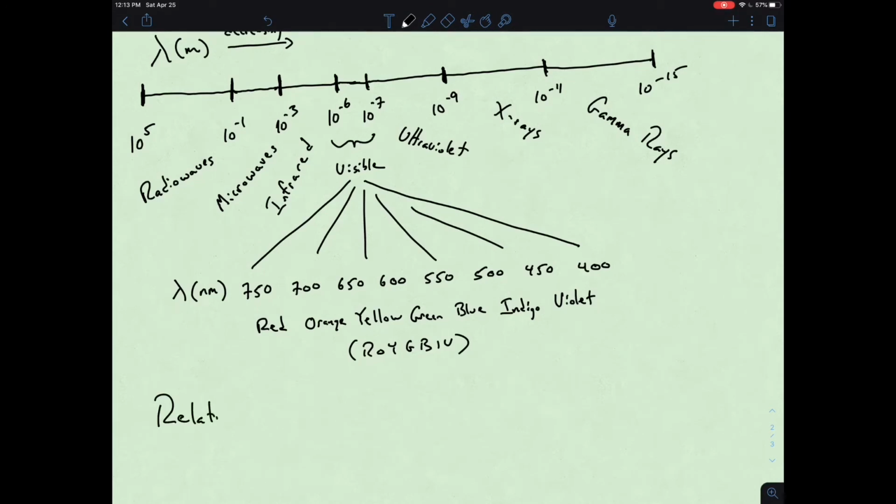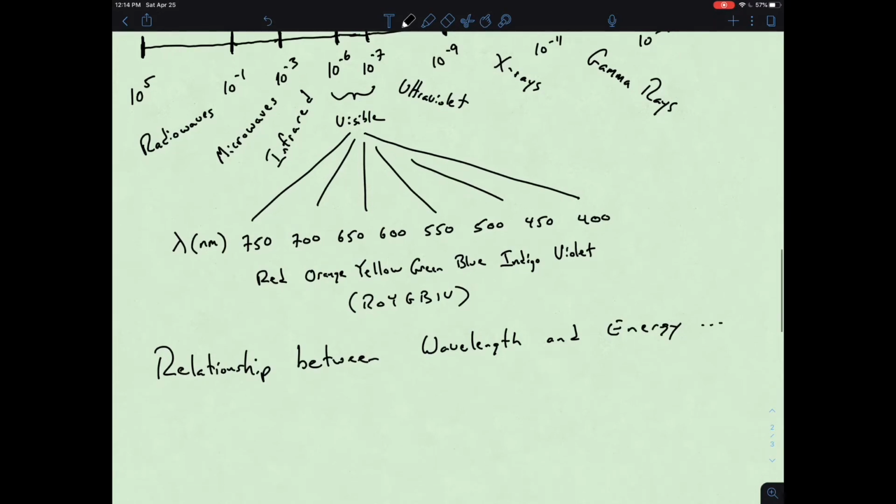So we have the relationship between wavelength and energy, but also frequency and energy.